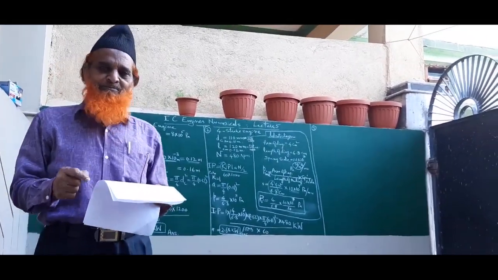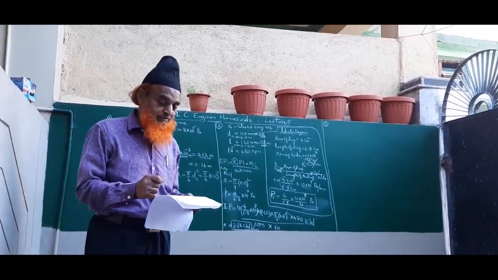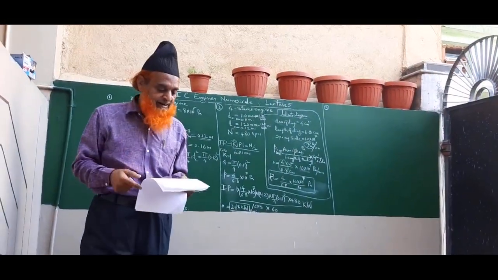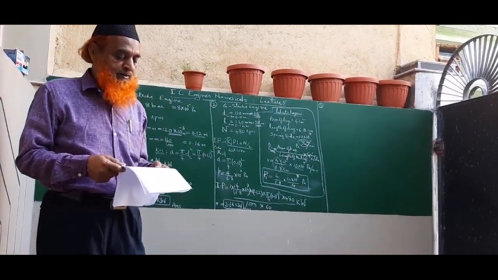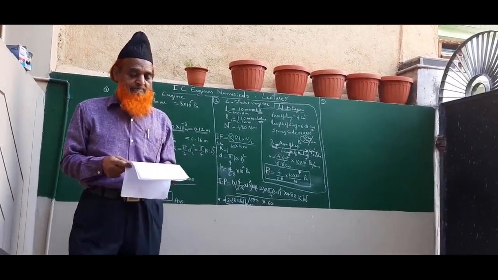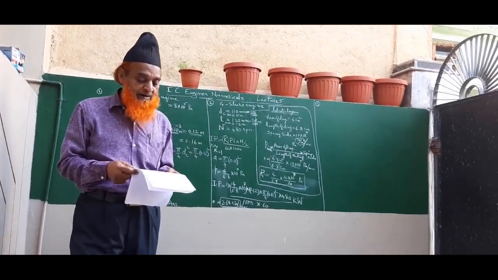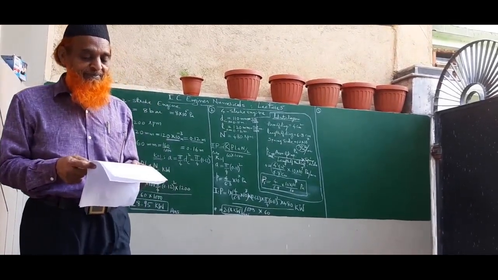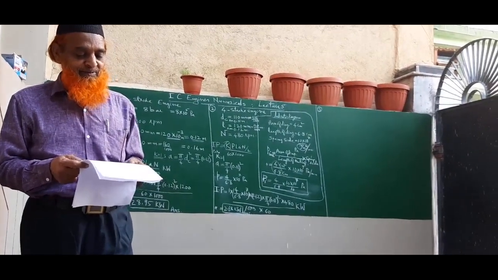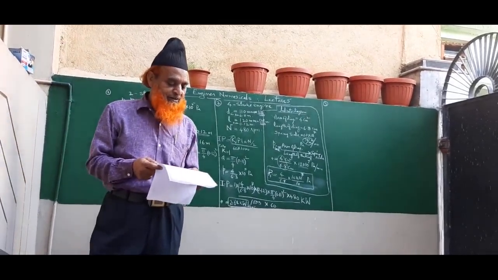Diameter of brake drum 1.6 meter. Load suspended on brake drum 100 kg. Spring balance reading 6 kg.